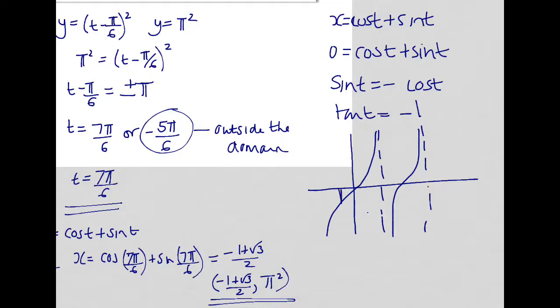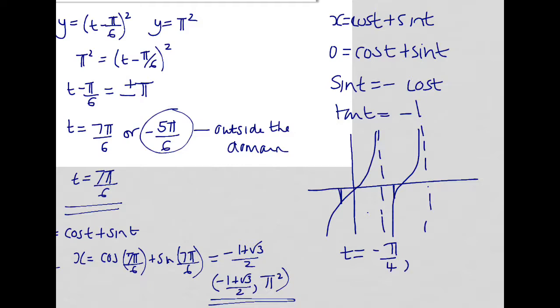Negative 1 is here. Negative 1 would also be here. So if we think of our values, t would equal negative pi over 4.